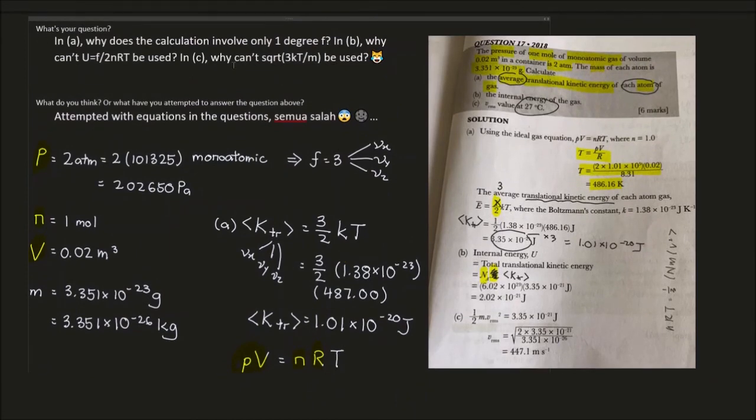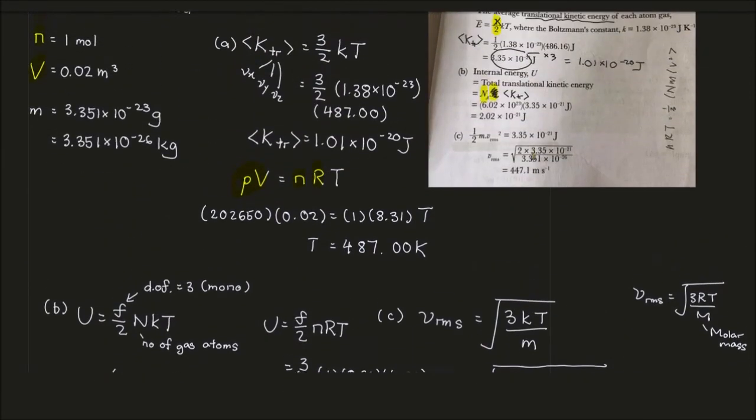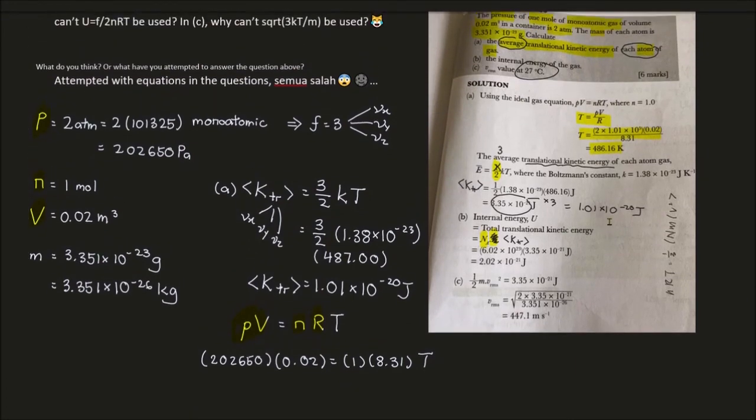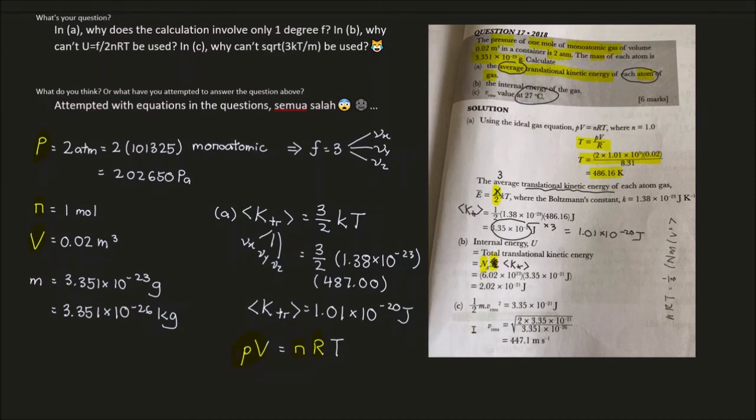In C, why can't we use square root of 3kT over m? Yes, I use square root of 3kT over m. You are right, no problem, you can do that. In fact, this one you have to praise yourself, because I believe they used the wrong thing here.